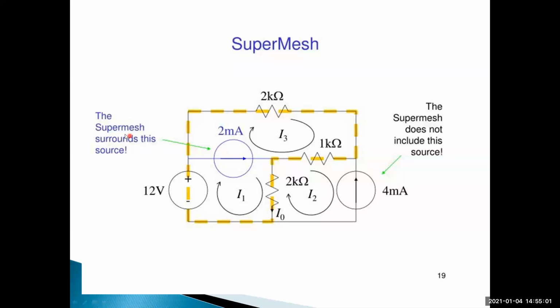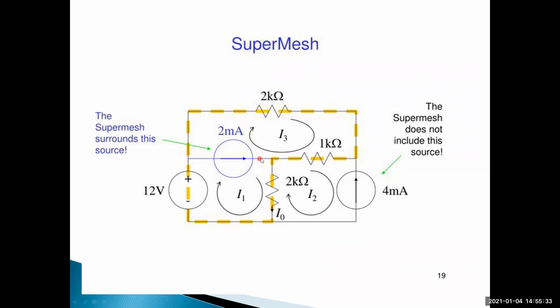That's why this is called super mesh. The super mesh surrounds the source like this. This yellow dotted line is called the super mesh. This complete network is called the super mesh. The other source is not included because it is not interlinking with this loop. It is only interlinking with this and this.